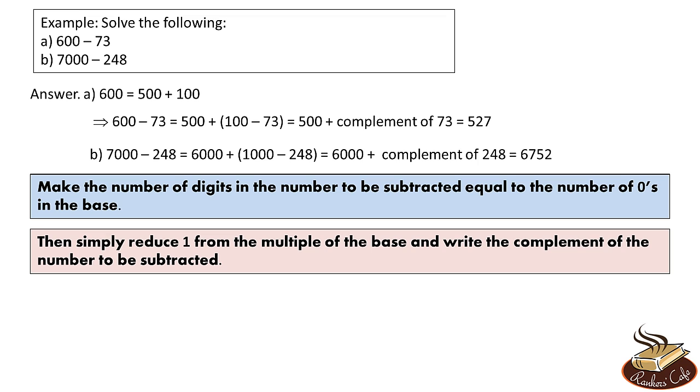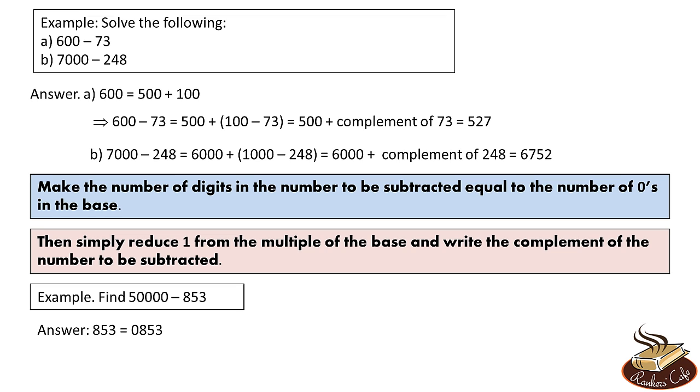Let's do one more example on this. Let's find 50,000 minus 853. Now, first, we need to make the number of digits of 853 equal to the number of zeros in 50,000. 50,000 has 4 zeros. So let's add 1 zero to the left of 853, which gives us 0853.